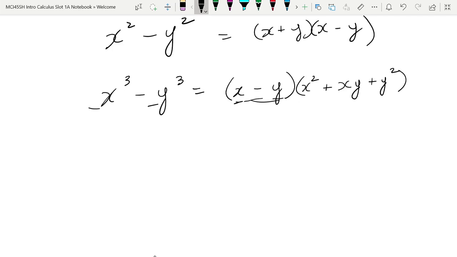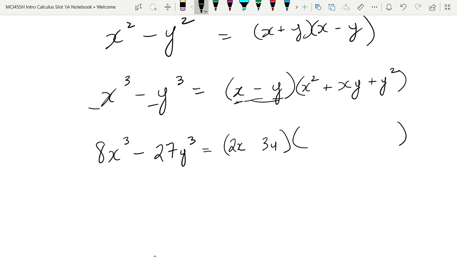So say you had one like, and I'm probably making up one from the homework, say you had 8x cubed minus 27y cubed. So according to my new difference of cubes work here, the cube root of 8x cubed is 2x. The cube root of 27y cubed is 3y. There's a minus between them.